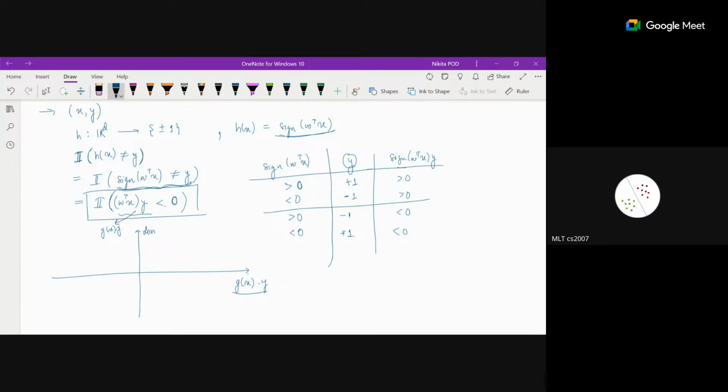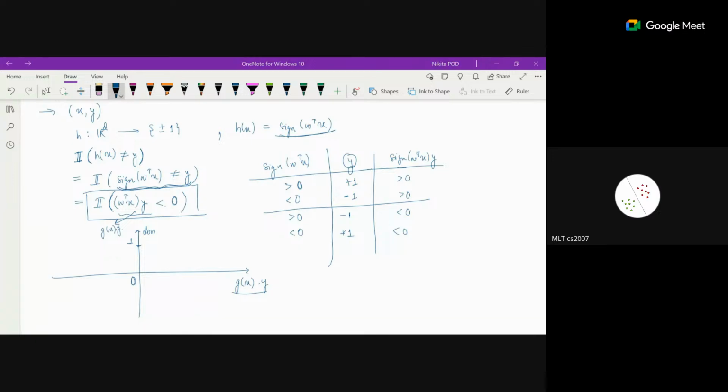If my w transpose x times y is less than 0, then my indicator is going to give me +1. And if my g of x times y is greater than 0, it is going to give me the value 0.